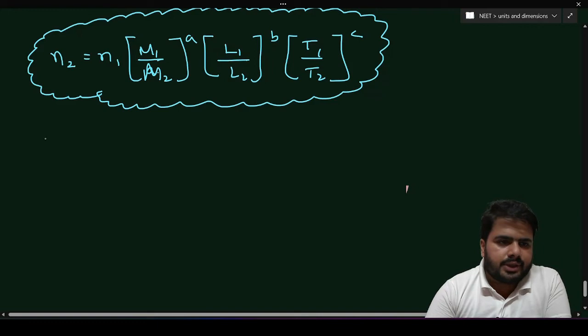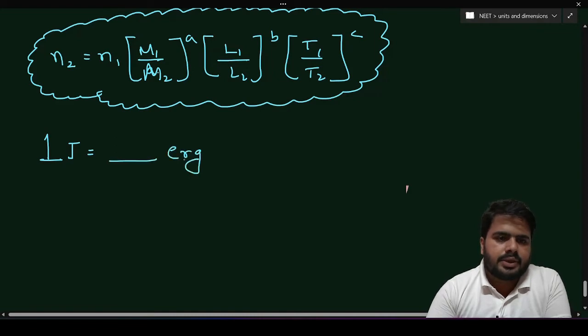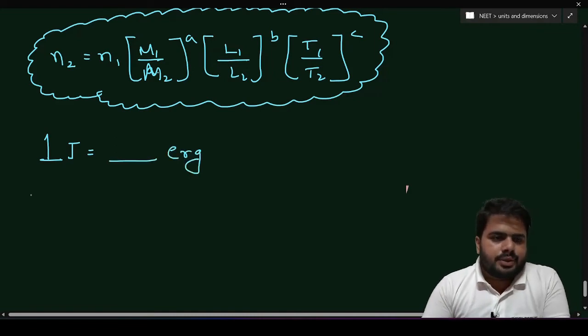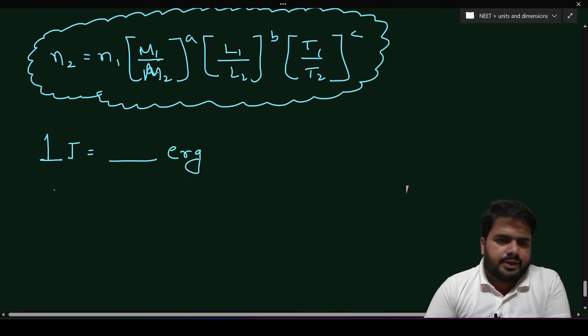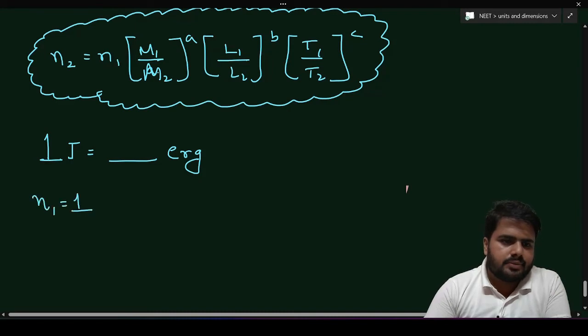So the example is we have to convert 1 joule into dash erg. Okay, so here you can see that n1 is 1 and the unit 1 will make 2 columns here.